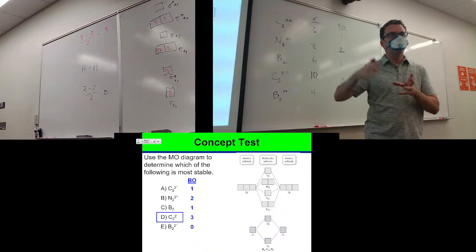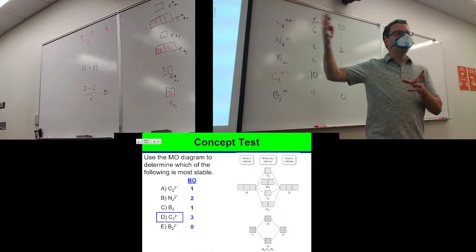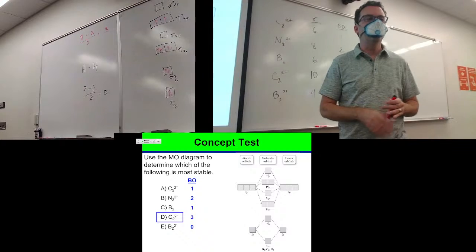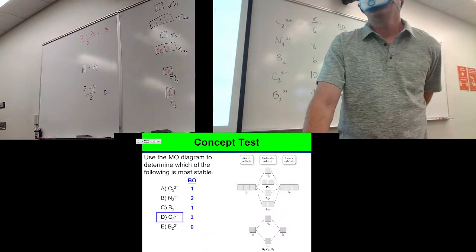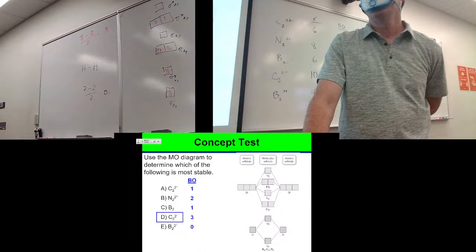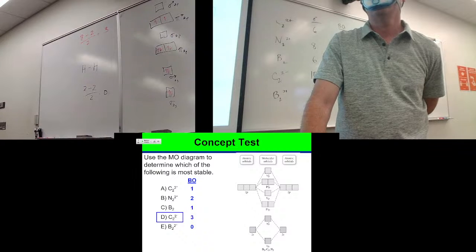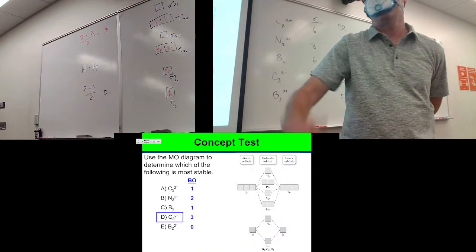But when you go from a double to a triple bond, it's not the same jump as from single to double. So it's not linear. So you said that when the bond order value increases, then the strength of the bond is increased? Yes. It's not a linear relationship, but it does go up.